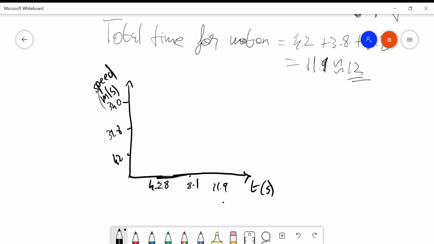So this is the initial point from height 90, that goes, speed will be 42, and then it comes down again to 37.8, then it strikes the floor at 8.1 seconds, and it goes up again. This is for the time intervals.